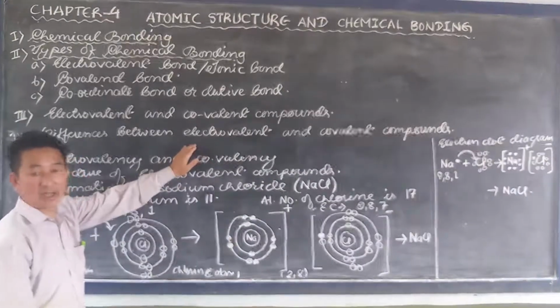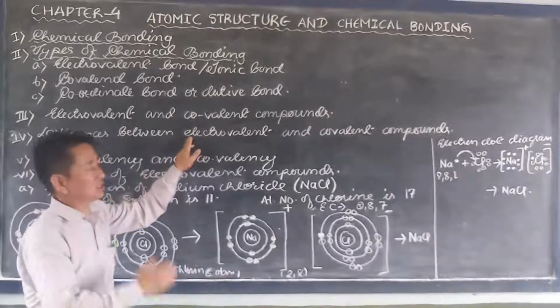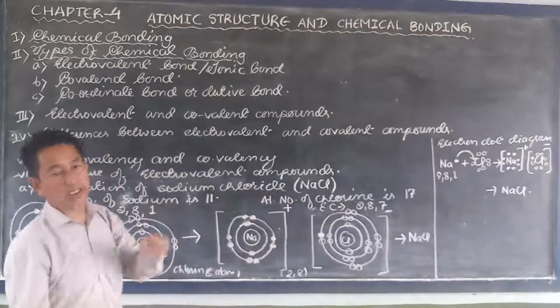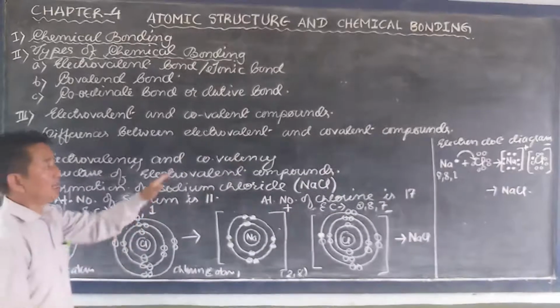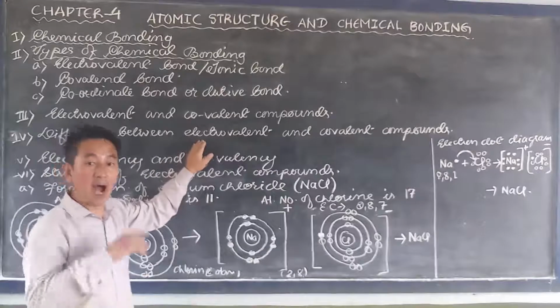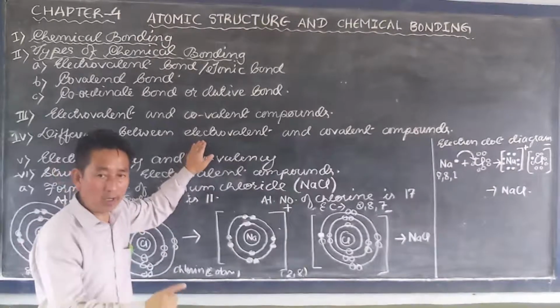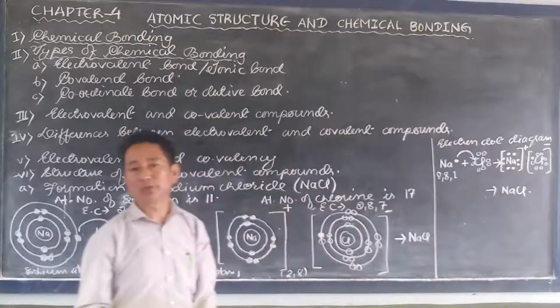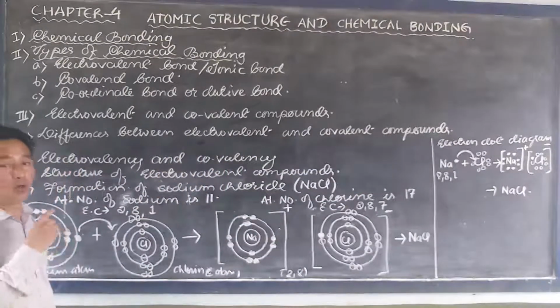Electrovalent compounds are insoluble in organic solvents, whereas covalent compounds are soluble in organic solvents. Electrovalent compounds have high melting point, high boiling point, high density, whereas covalent compounds have low melting point, low boiling point, low density.